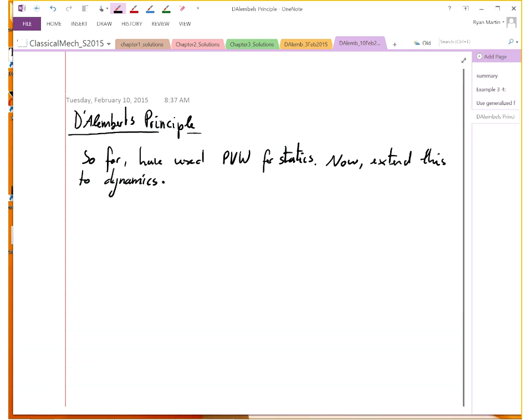And that's what D'Alembert's principle is. So recall Newton's second law. If we write it as a vector equation, it's the familiar F equals ma.